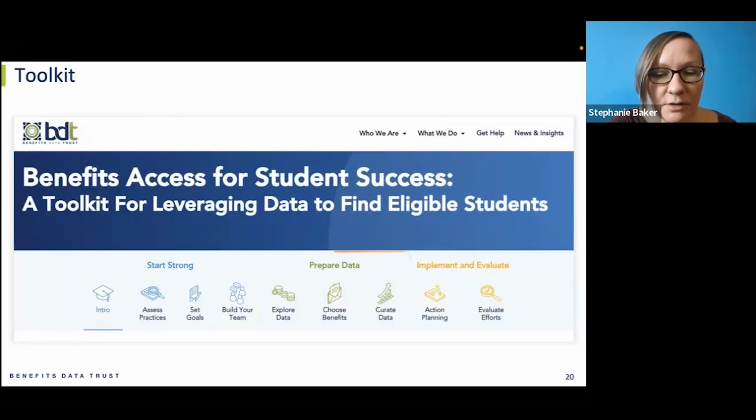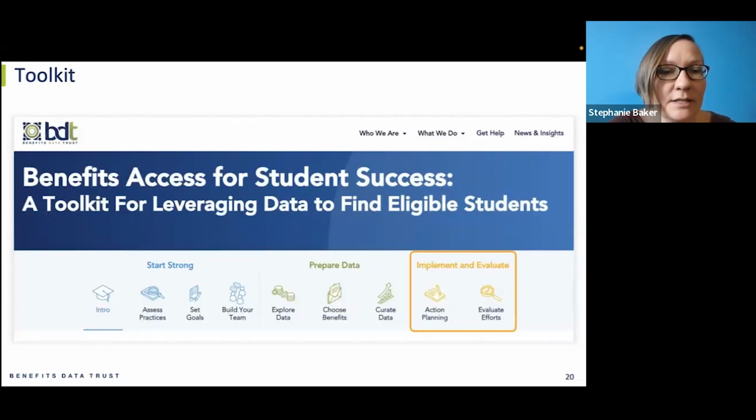The second section, which we call Prepare Data, really dives into the core of the work. It is set up to help colleges and universities understand which data elements they have access to that are relevant for identifying students for benefits outreach, then helping them understand how those data elements correlate to likely eligibility for each benefit program we cover in the toolkit. And then finally, a visual guide to think through the steps involved in pulling and compiling data lists to actually outreach to students.